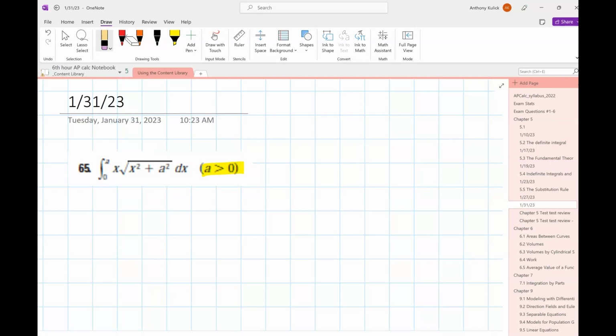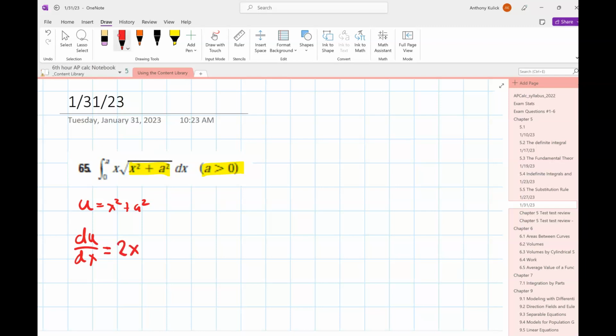So this is a classic u substitution problem where you have one function inside of another. So x squared plus a squared is inside of the square root. So let's make that our u. The derivative of u with respect to x is 2x.